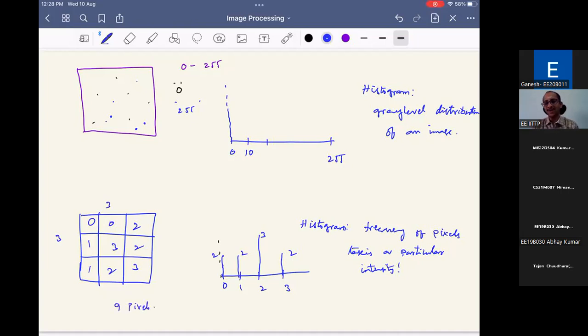If I want to convert the frequency plot of the intensities into probabilities, what should I do?